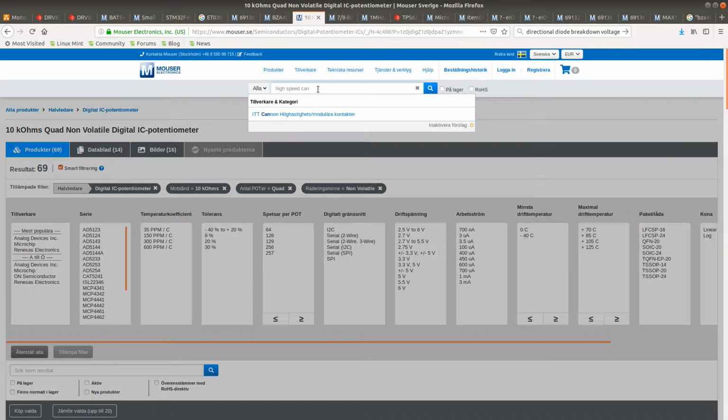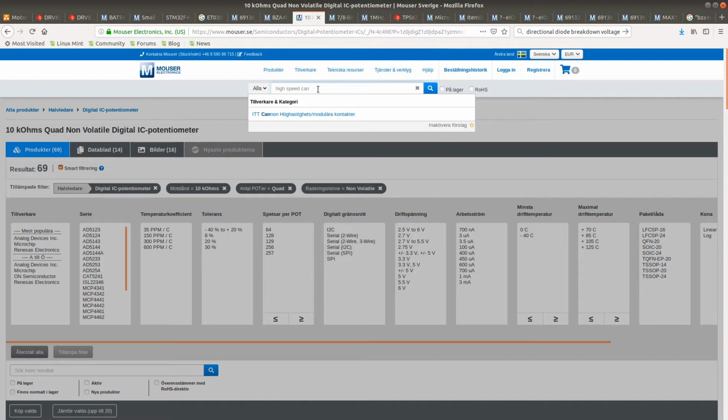So the transceiver that I want to use should support CANFD as well, but in this case it's only because I want to use the same chip for both the CAN2B and CANFD on the transceiver side. So this is not the interface side, this is the transceiver side. For CAN2B, the interface side is inside the STM32.